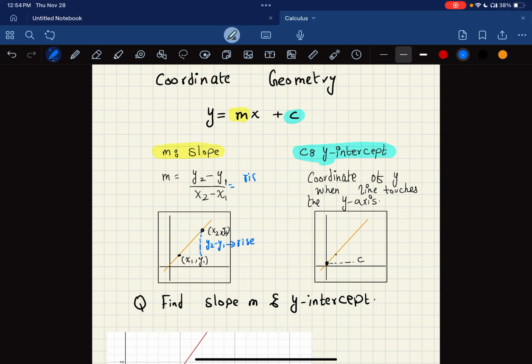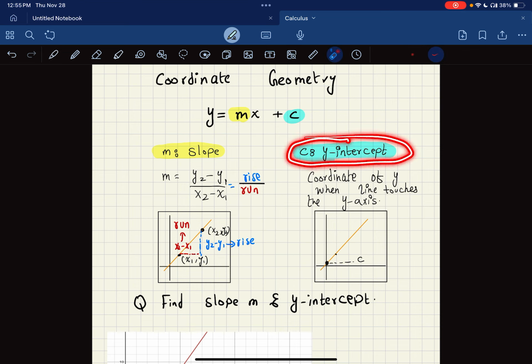And when you do x2 minus x1, you are asking what is the horizontal difference between the two x coordinates. This is also represented by what we call the run. Okay, so that's what the overall idea of slope represents. That's the first thing.